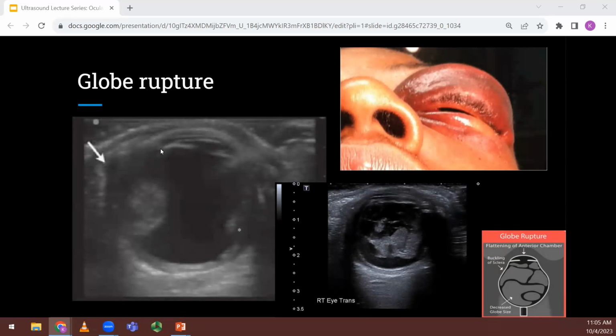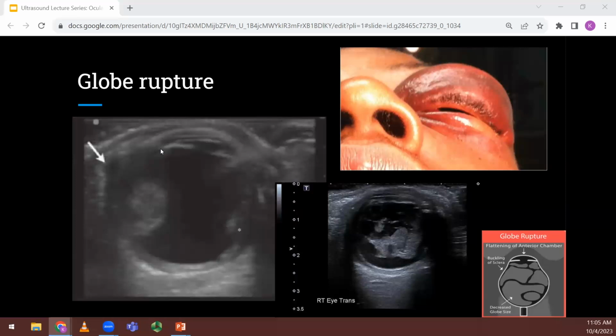But it's not going to be my recommendation to do an ultrasound on a patient with globe rupture. The reason is that you're going to extrude the vitreous humor from the eye. Some people did studies on whether the pressure from the ultrasound, done right with a bunch of gel, actually increases the IOP, and apparently it doesn't increase the IOP more than your physical exam.